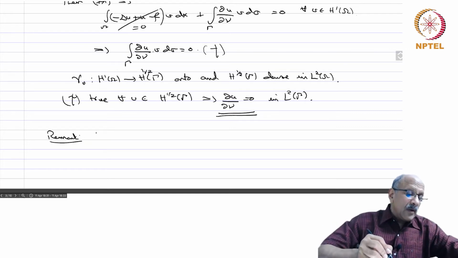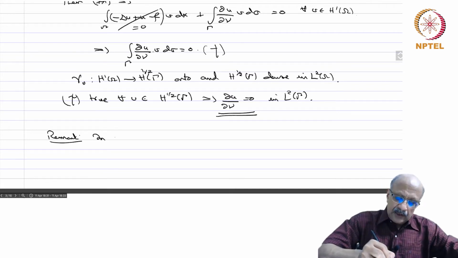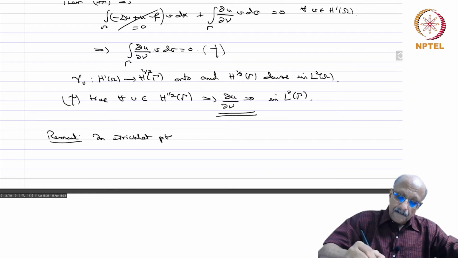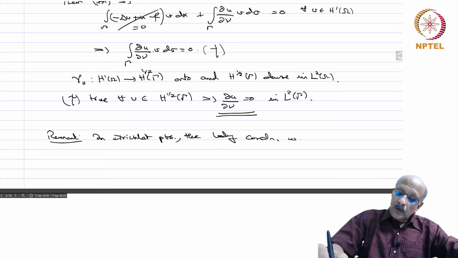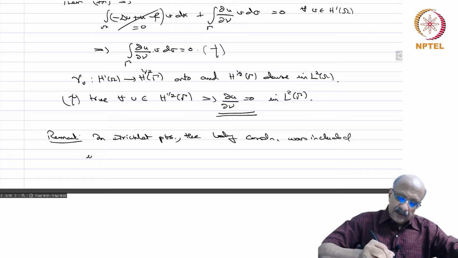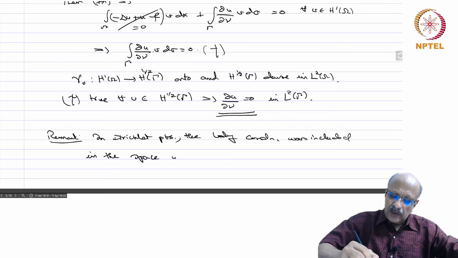Okay, so now we want to make a remark. There is a difference between the Dirichlet and the Neumann problems. In the Dirichlet problem, the boundary condition was included in the space where we look for a solution.